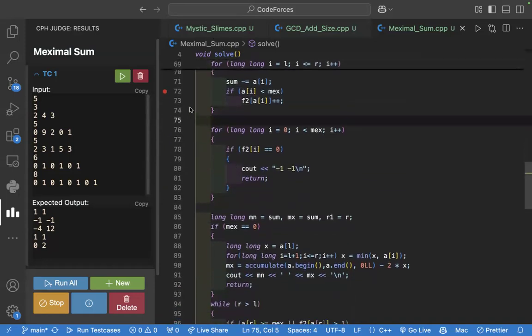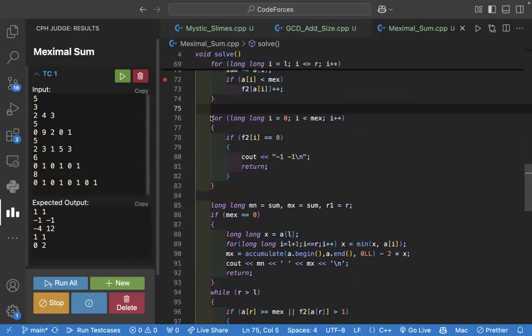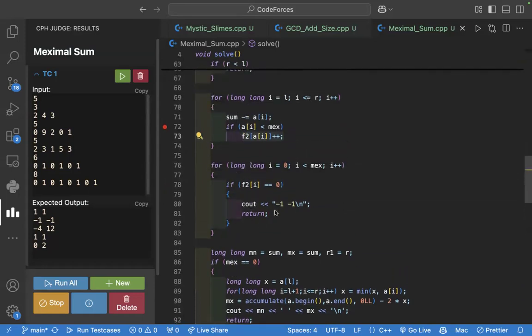Any problem? Now let's run a check inside this frequency map. If any number from 0 to mx minus 1 is not present in the frequency map, that is, among the indexes L to R, then this again is a negative one case. Clear?